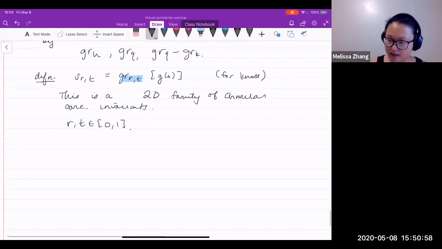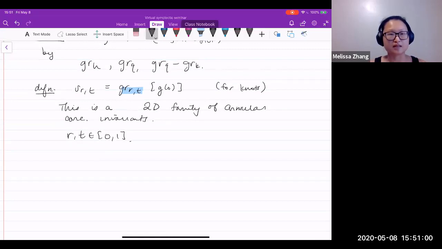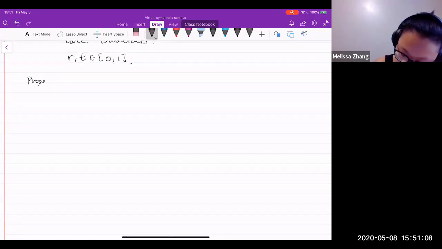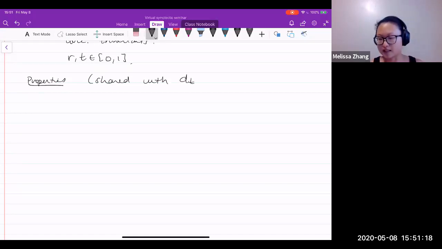And so in the last couple minutes, I want to tell you about some properties of this invariant, as well as potential applications of this invariant. Many of these are shared with Grigsby-Licata-Wehrli DT from annular Lie, Khovanov theory, mostly because their construction is so similar.